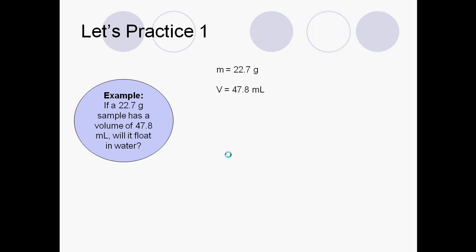Okay, so let's do one more problem to decide if something is going to float in water. If a 22.7 gram sample, so grams tell us this is going to be our mass, has a volume of 47.8 milliliters. Again, it tells us volume, but we also see milliliters, so we know that's our volume. Will it float in water? Well, we have to figure out the density to determine that.